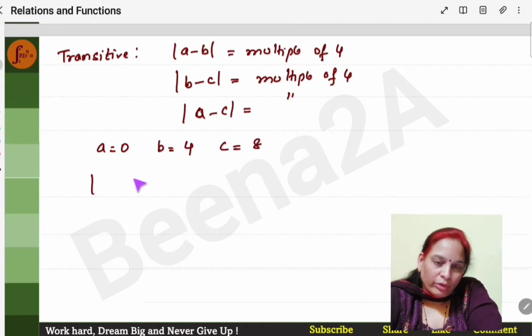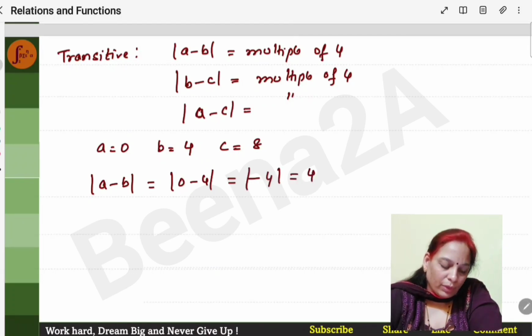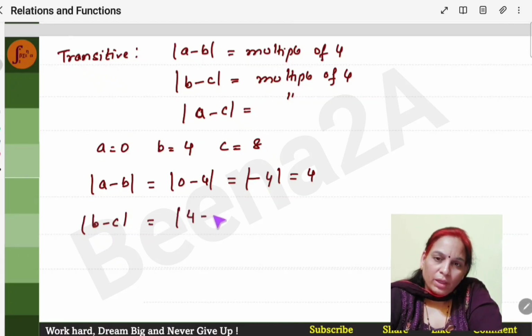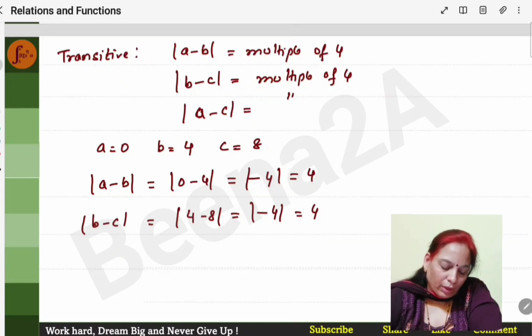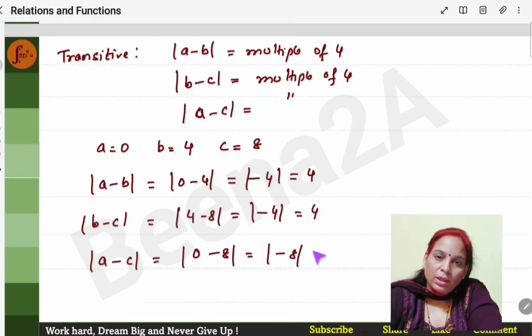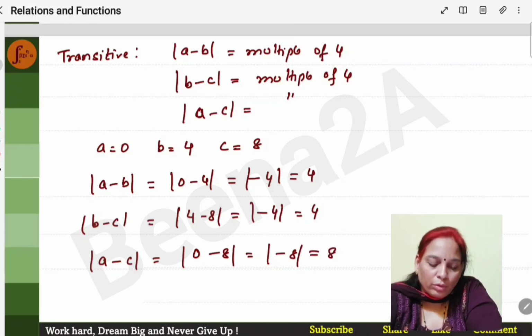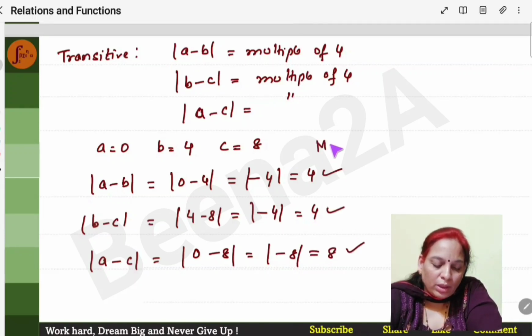Modulus of A minus B: 0 minus 4 is modulus of minus 4, which is 4. Now B minus C: 4 minus 8 is minus 4, which is 4. Now A minus C: 0 minus 8 is minus 8, which is 8.